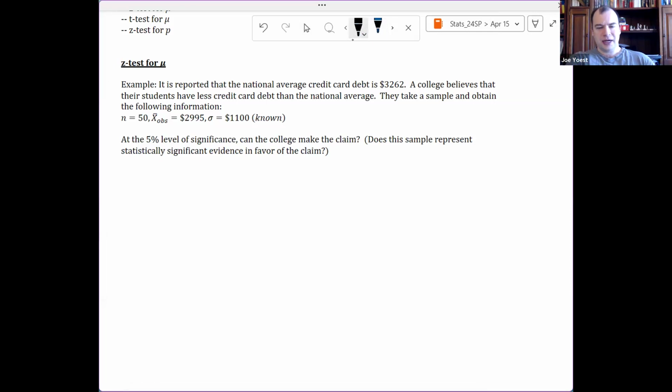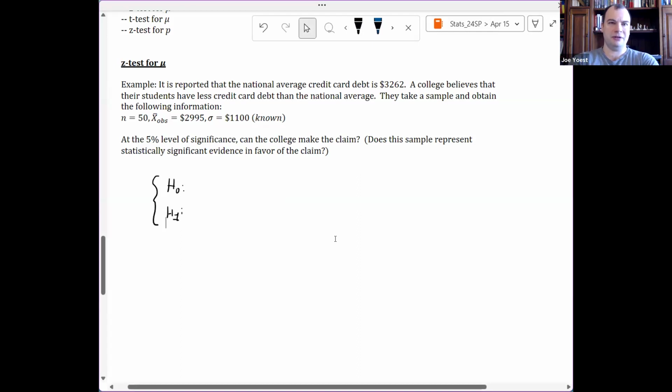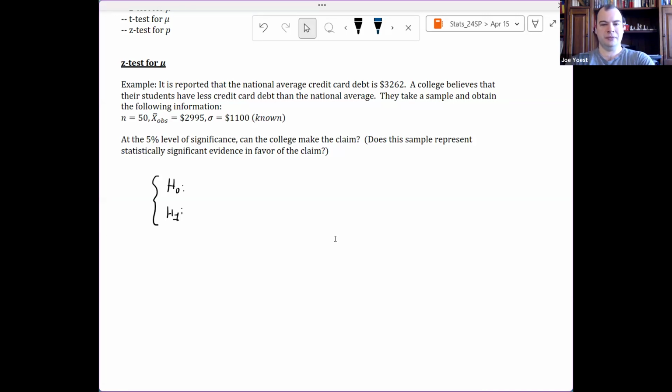All right, so let's set up our hypotheses. Now we have to decide what's the null hypothesis and what's the alternative hypothesis. Which one gets the benefit of the doubt and which one do we have to provide evidence in favor of in order to proceed forward with that?